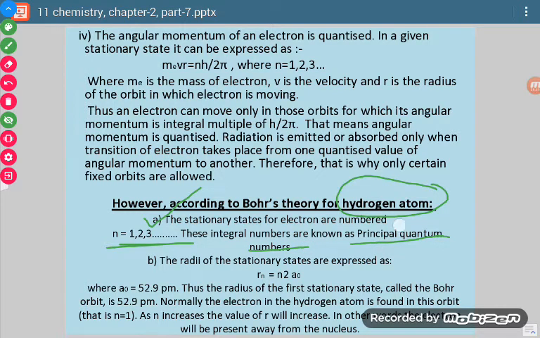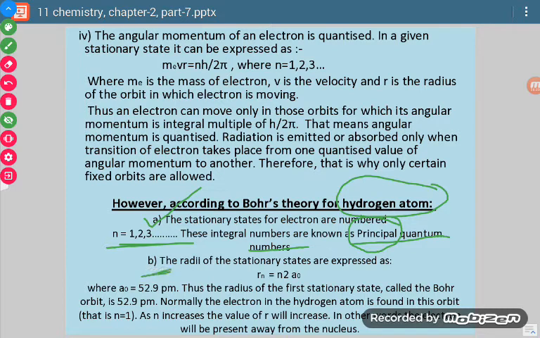The spelling of principal is P-R-I-N-C-I-P-A-L; this is to be remembered. The orbit where the electron is present is called a stationary state and is designated as small n, with values 1, 2, 3 and so on.